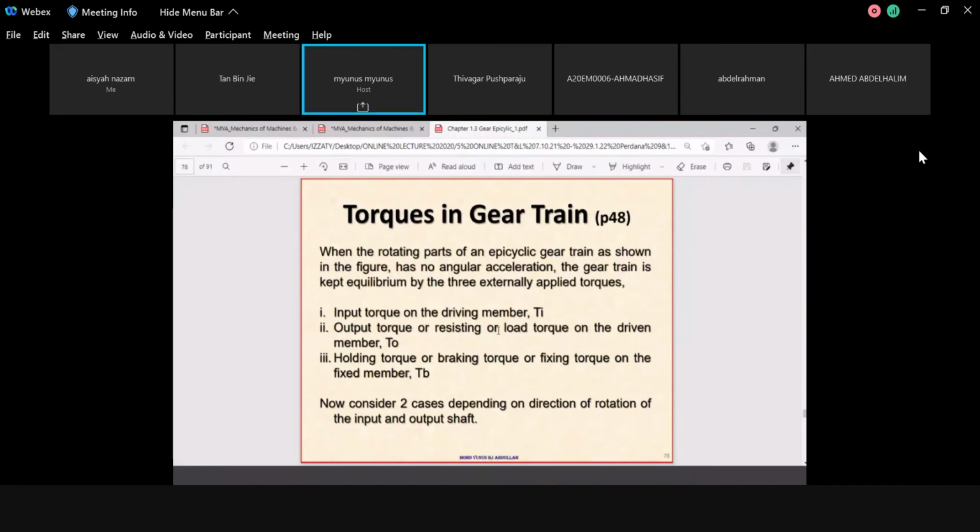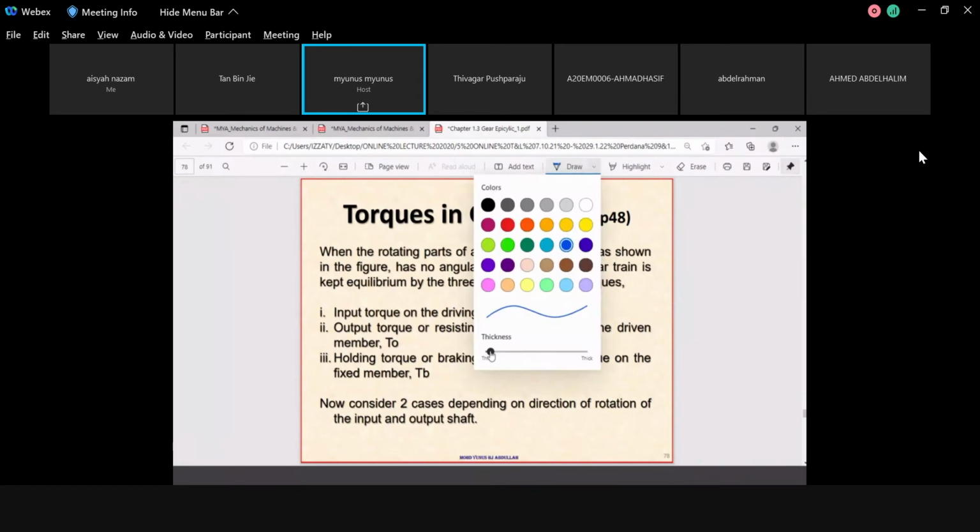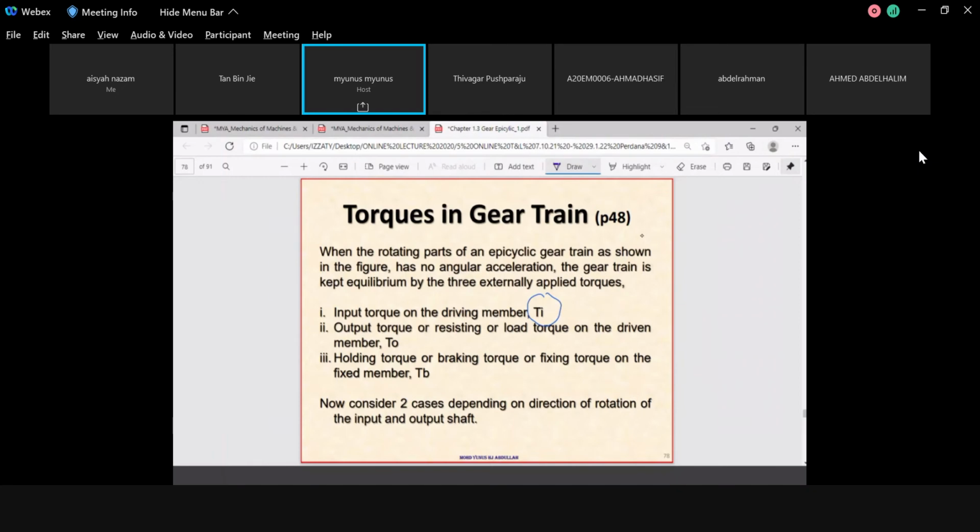Okay, these are the three torques comprising any epicyclic gear. TI is the input torque. Then you have TO as usual. Then you have TB.